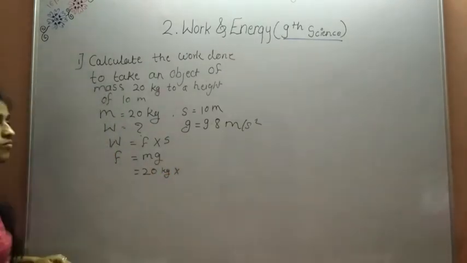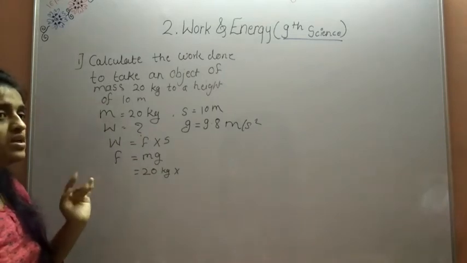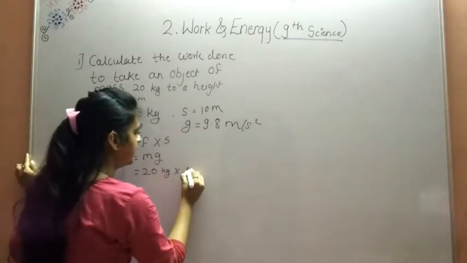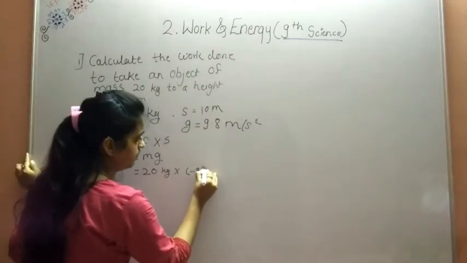But gravity means force is in the opposite direction of displacement. So we take minus 9.8 meter per second square.